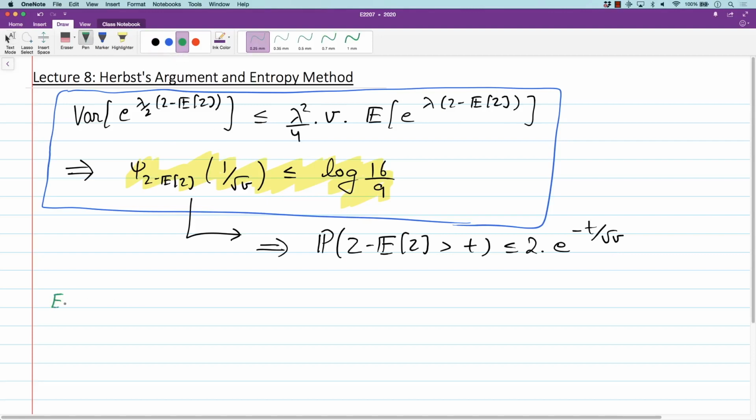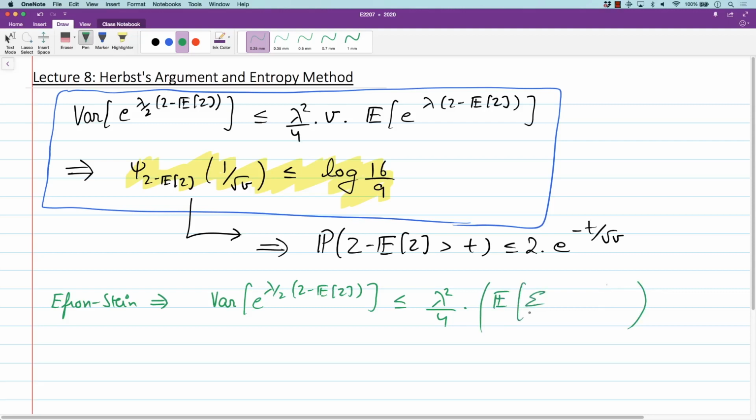So Efron-Stein implies that the variance of e to the power lambda by 2 (Z minus EZ) is less than or equal to lambda square by 4 times what we were looking for, a constant v, summation i equal to 1 to n, this is my constant v, times the same expected value of e to the power lambda (Z minus EZ). Okay, so that's what we saw last time.